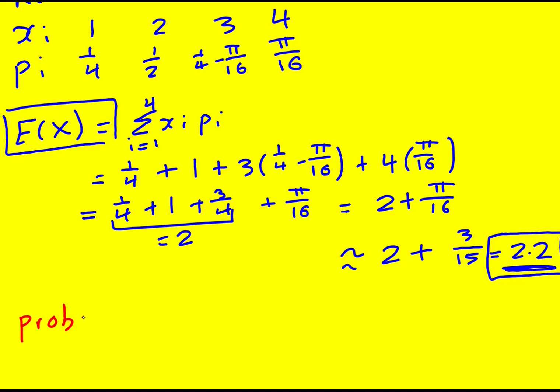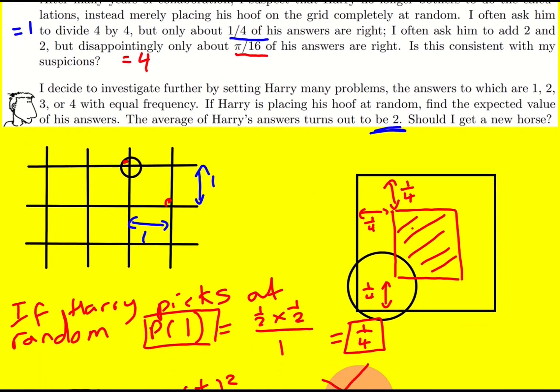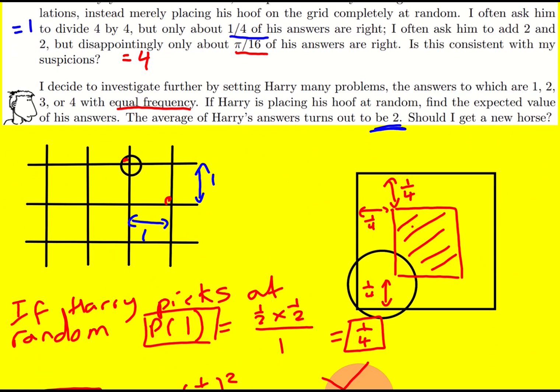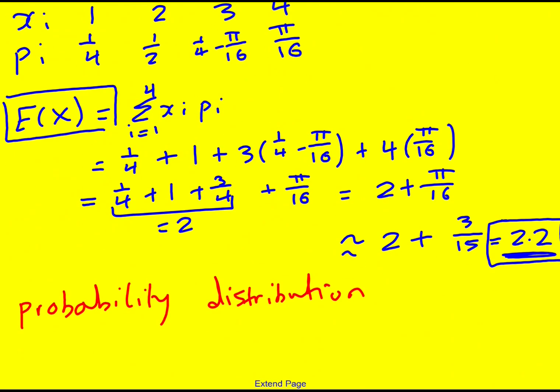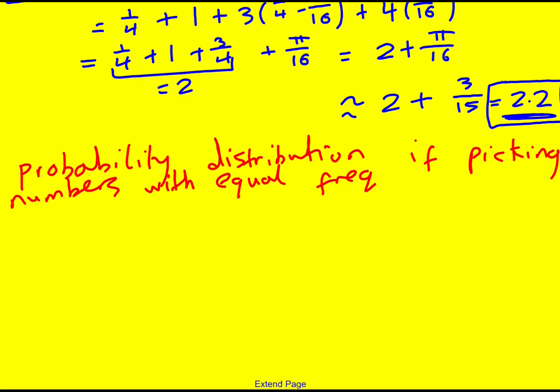Now we just need to look at the probability distribution if the numbers are being picked with equal frequency, which is what we had here. So we had equal frequency of picking them. I'll call it y now, and then the probability of y.